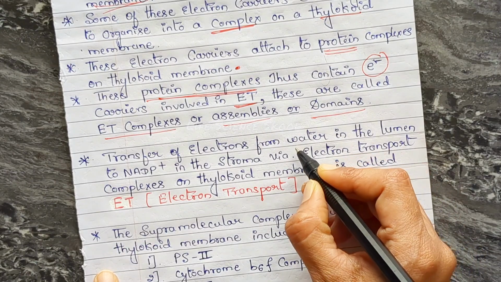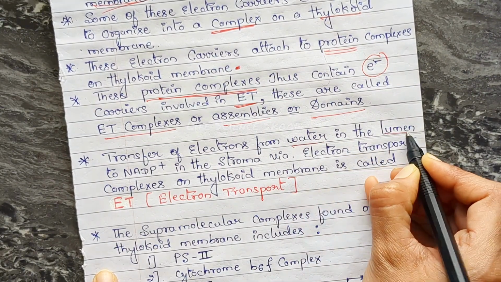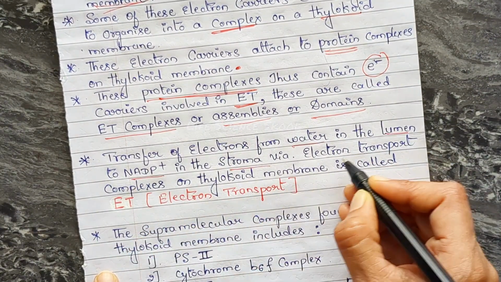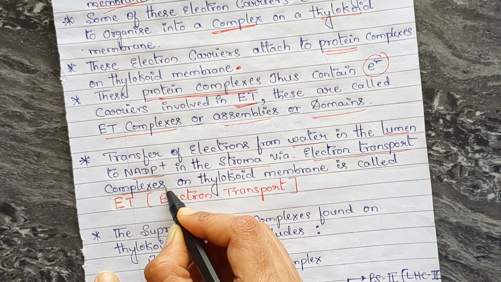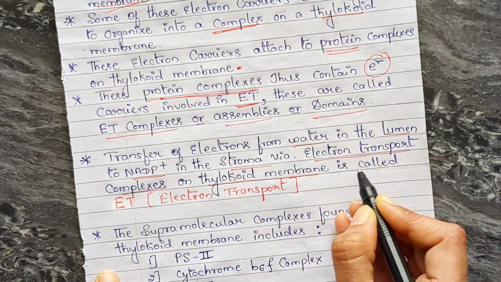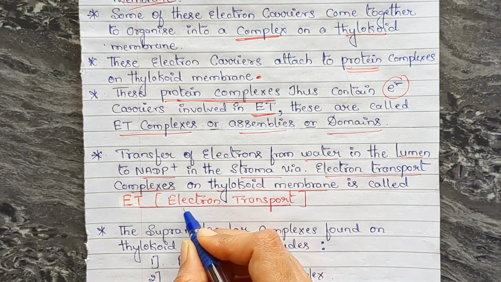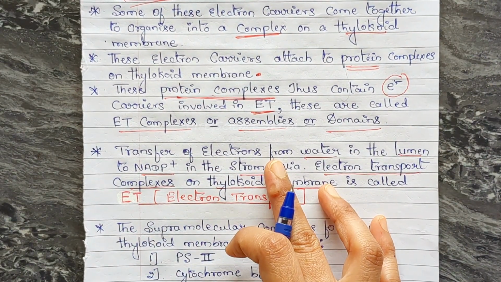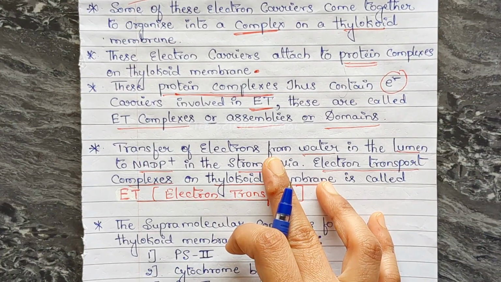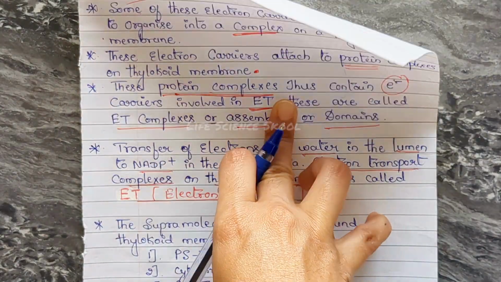The transfer of electrons from water in the lumen to NADP plus in the stroma via electron transport complexes on the thylakoid membrane is called electron transport. At the beginning of this video, I gave the definition of electron transport in a simple manner. What is that simple definition? The transfer of electrons from water to NADP plus is called electron transport.